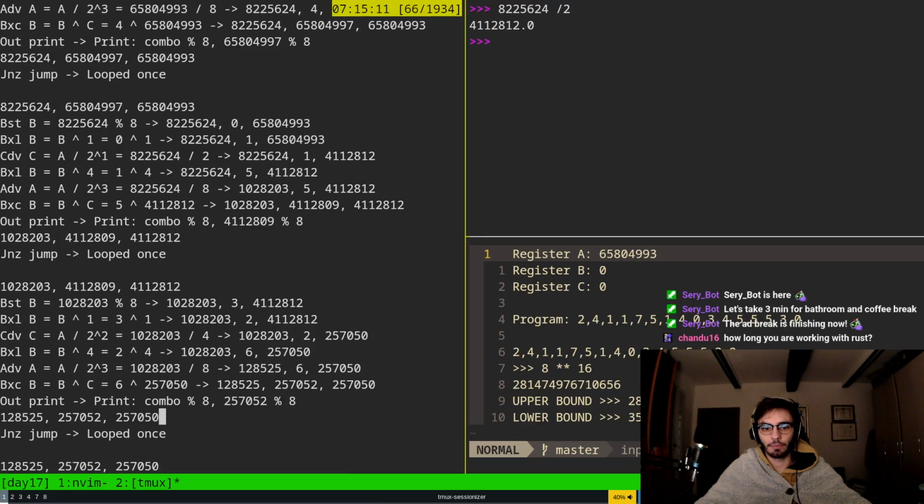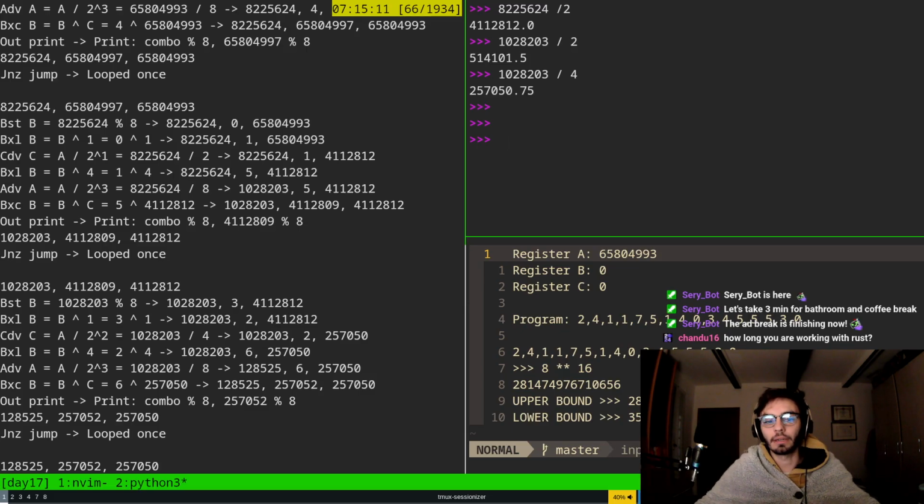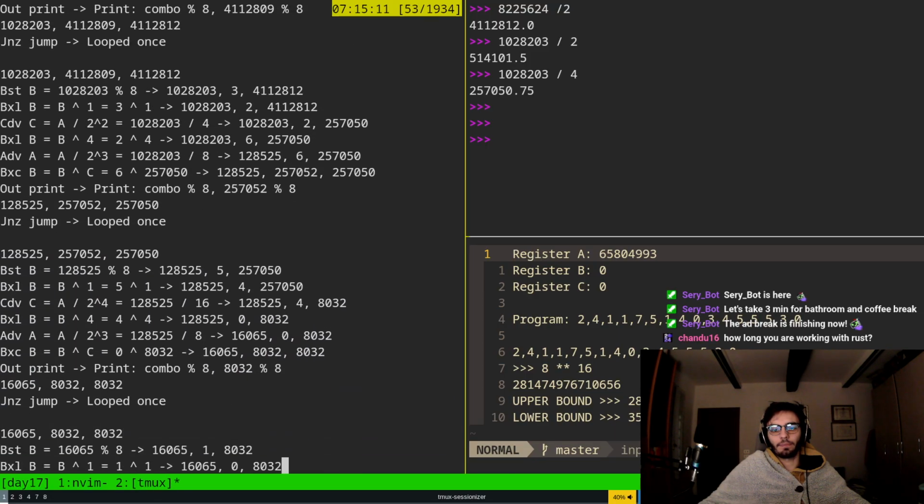I'm starting to see some stuff. 102, 82, 03 divided by 2, divided by 4 now. 25, 70, 50. So this is 2 short. Starting by 4, 3. Okay, there is a pattern. And now C is 4 times less. Okay.